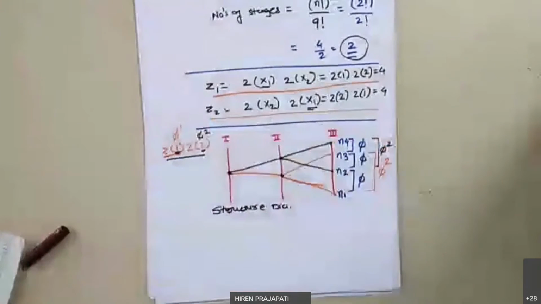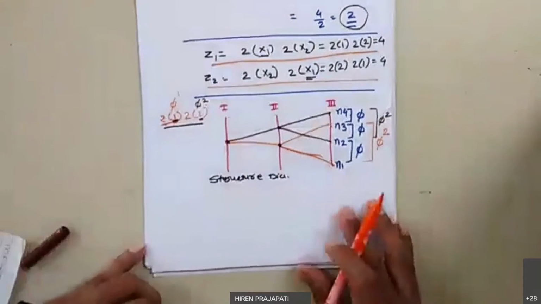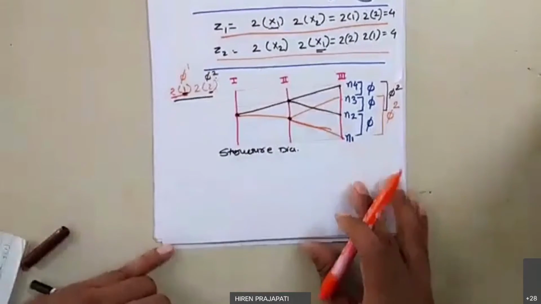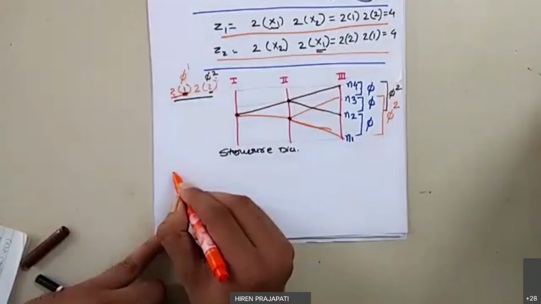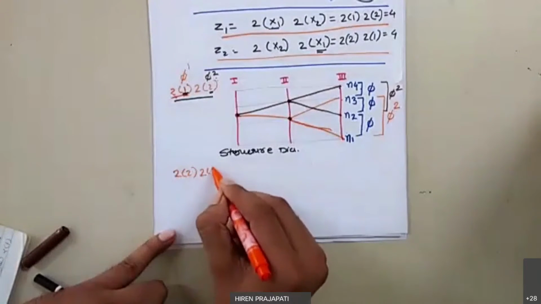Now let's consider the second structure equation. This is our second structure equation, which is 2 2 2 1.